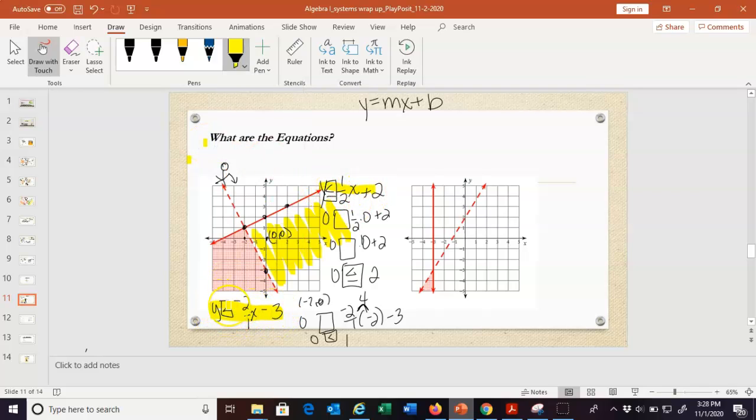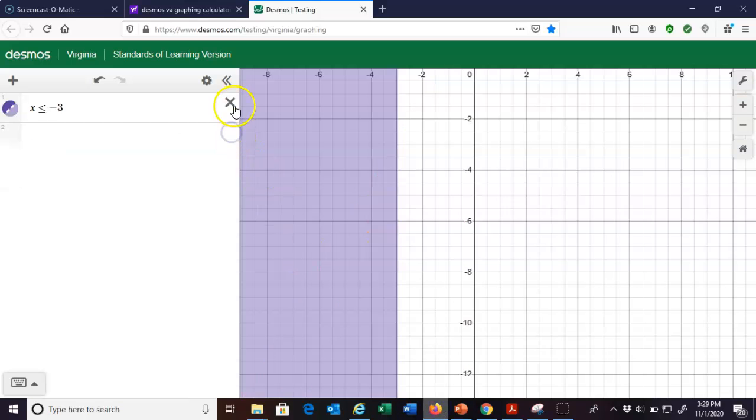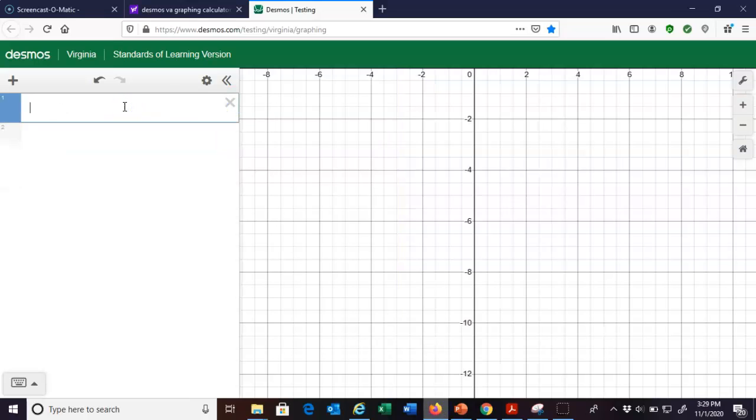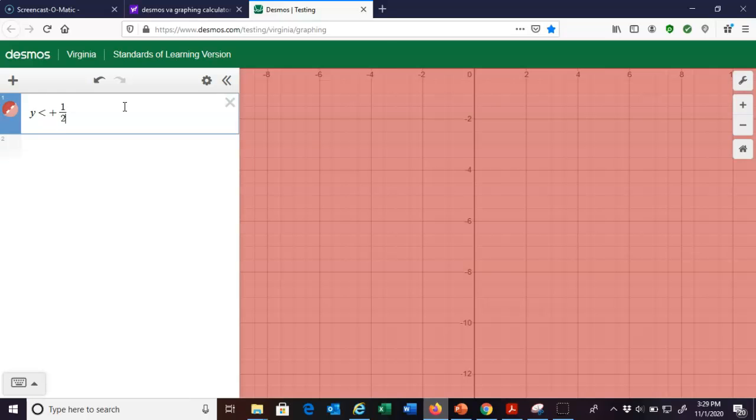Now this is where we can use the calculator to help us confirm that we did it correctly, and we can match it up with the picture. So let's go close these out, and we'll put in the inequalities that we believe it to be. Less than or equal to 1/2 x.